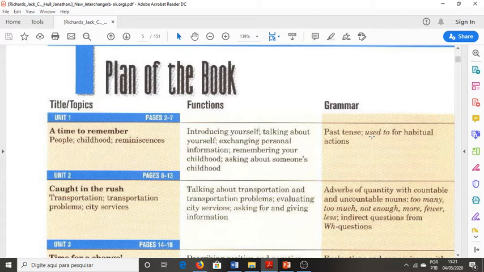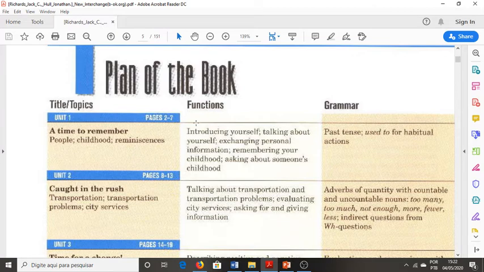It seems to me that the authors thought of which grammar points are important for this level, which is low intermediate to intermediate, and then what functions of language could be practiced using these grammar points. And then they would come up with a title for the topic, for the unit.